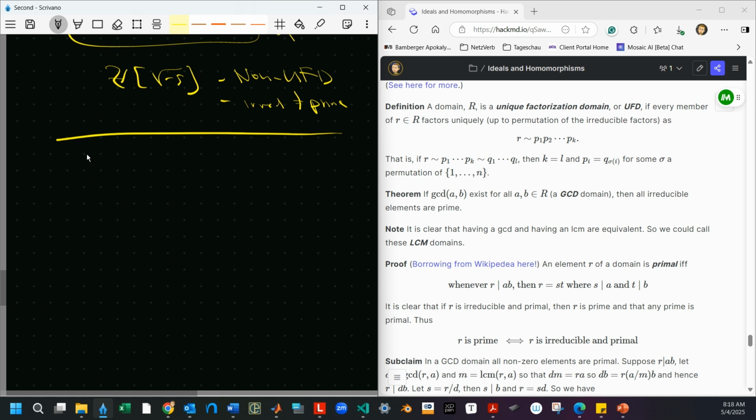R is a unique factorization domain, R is a UFD, if and only if every element, so this is like prime decomposition, but we actually need irreducible for this, not prime, right?